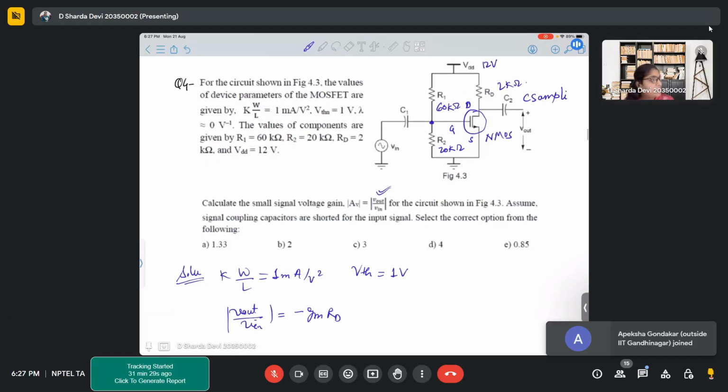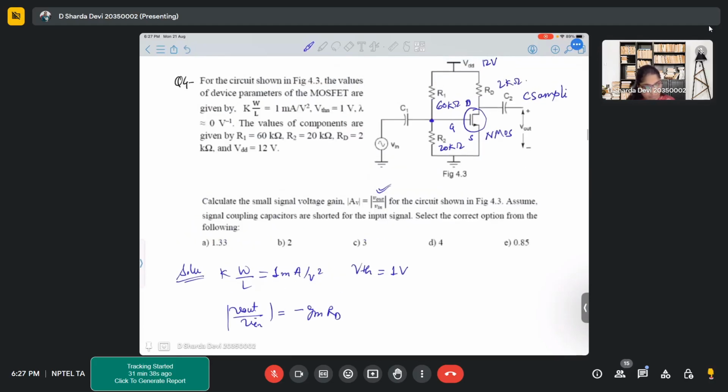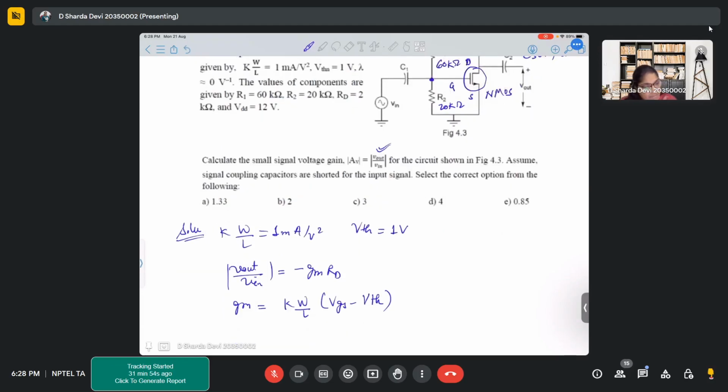So in this particular case, we have to simply find the values of gm and Rd, and we'll get our gain. So what is the first thing that you'll find from here? See, what is gm? gm is kW by L, VGS minus VTH, right? So the moment we know VGS, we'll get the value of gm.